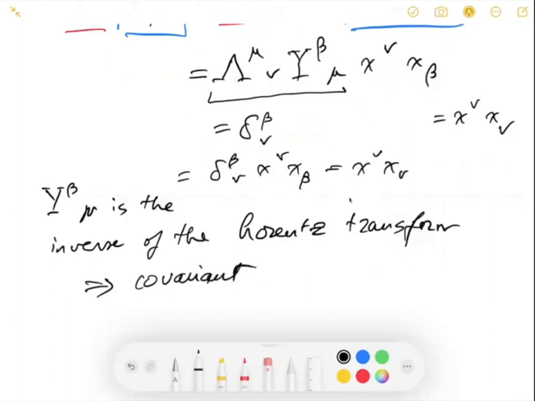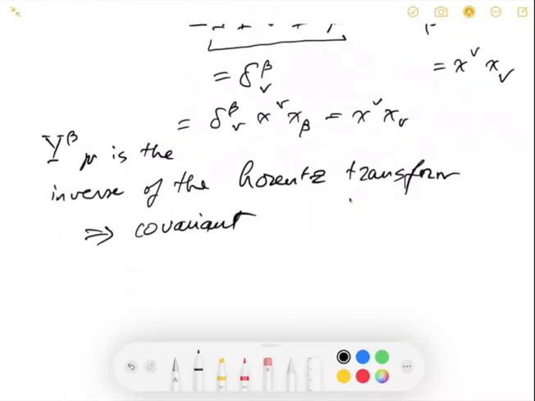Okay. And now, finally, if you want to actually see how that works out in terms of vector elements, remember that in Minkowski spacetime, you have this, right?